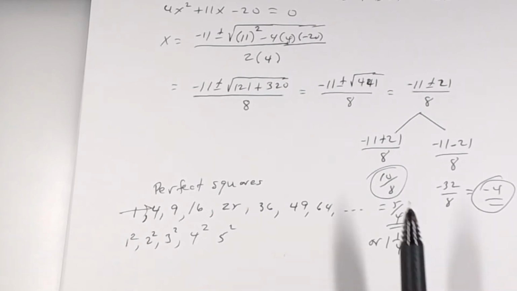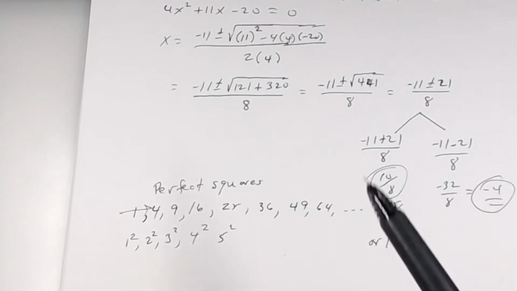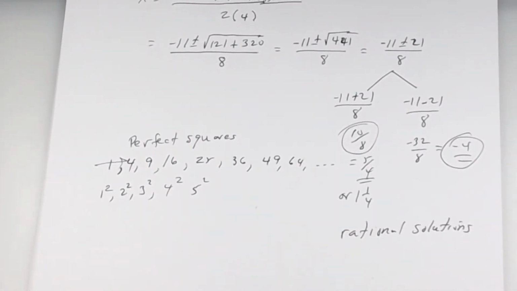Now keep in mind that these solutions are called rational solutions. Okay, rational solutions. So you may remember that the numbers that you dealt with were either rational or what kind of number? Irrational. So these would be rational.